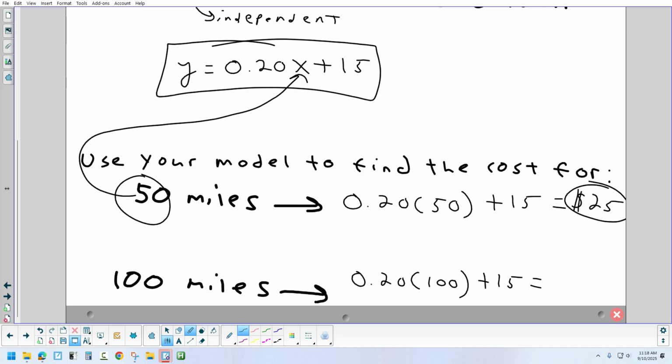What's 0.2 times 100? Yep, 20 plus 15, 35. So if you drive the car 100 miles, it would be $35. Okay. Any question on those two?